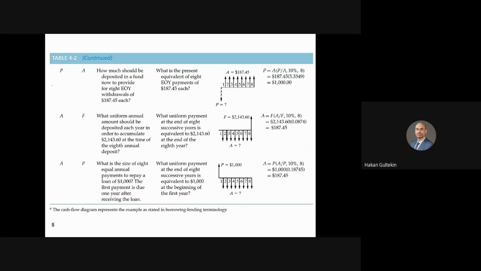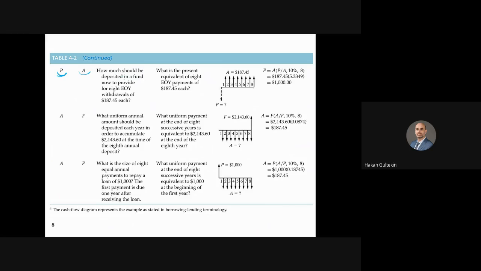Another scenario is similar to this one, but instead of finding the future value for given annual amounts, we find the present value. And an example question can be like this.